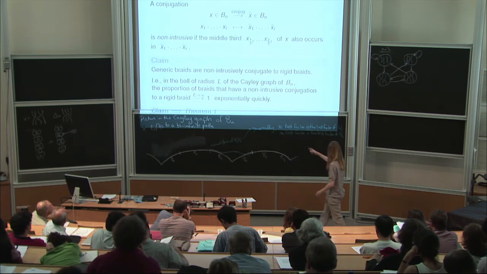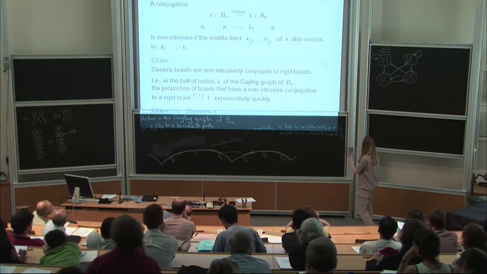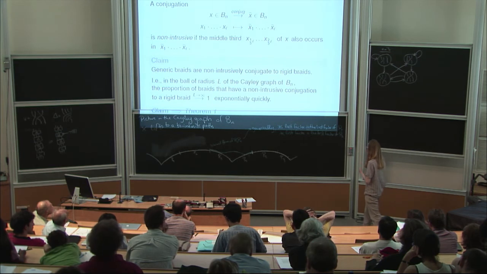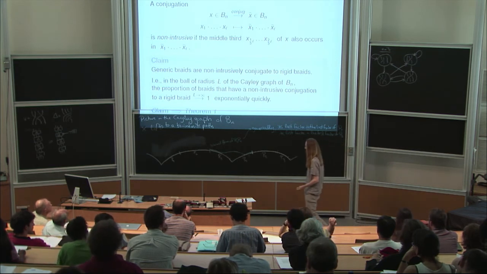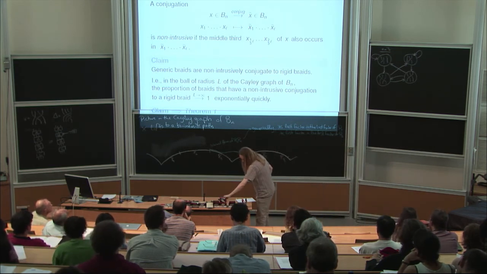Now, why is that true, that generically its last factor is equal to the last factor of P1 and the first factor is equal to the first factor of P1?